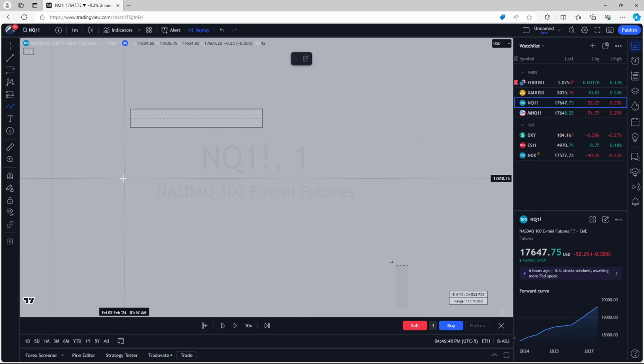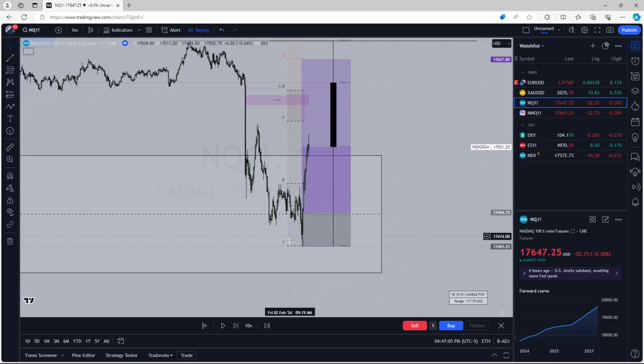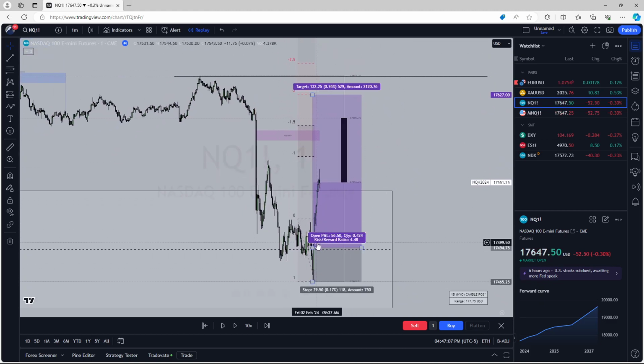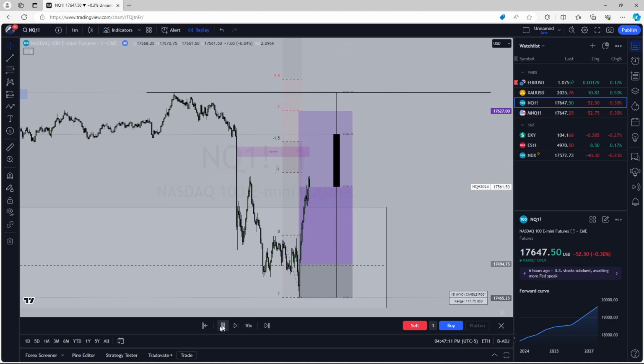Where sometimes it just does this. That's still respecting the fair value gap. Or sometimes you'll see price do this and then go to the top and then go bottom. That also happens, right? In this case, clear direction of where price wants to go. We're respecting this. This is 100% gonna hit, right? I'll just let this play out.